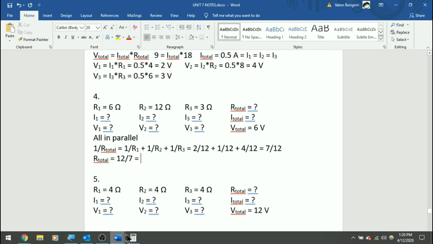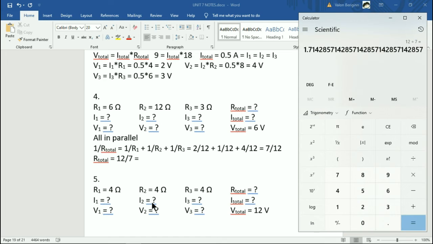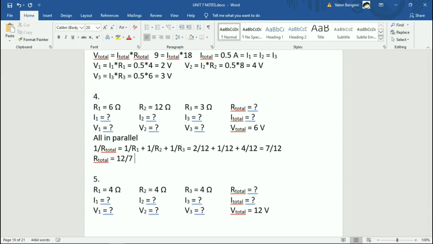And okay, this time I'll use a calculator. 12 divided by 7 is 1.7143. Although, I should probably just keep it as a fraction, because that usually makes the multiplying easier. So, you know what? I'm actually going to keep it as a fraction.